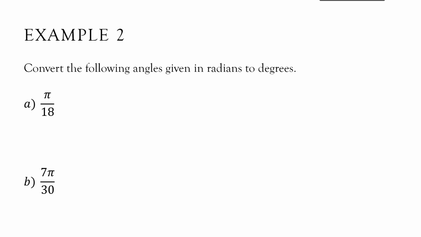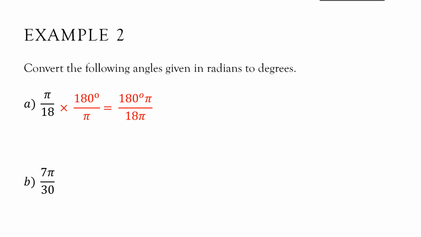To convert from radians to degrees, I have to multiply by 180 degrees over pi. So what happens here? Well, if I go ahead and try to multiply this out, I get 180 pi over 18 pi. This is me multiplying straight across. Now I'm going to try to reduce this.